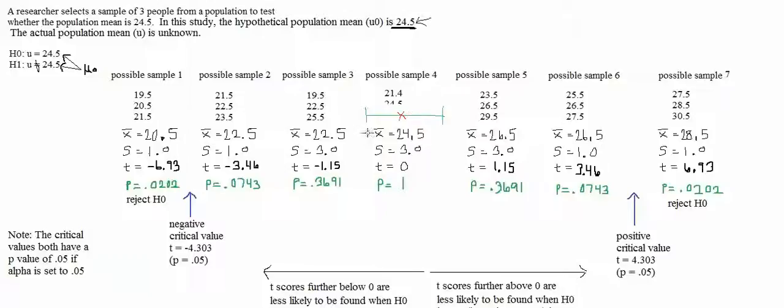And because of that, I'm likely to get one of these t-scores near 0, because notice how the outcomes with a sample mean near 24.5 produce t-scores near 0. The samples that are near the center give you t-scores near 0.